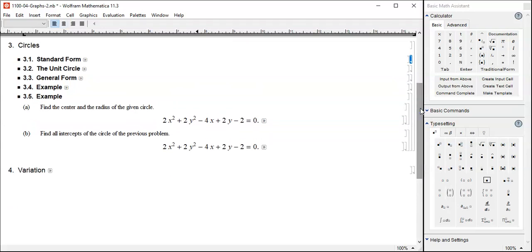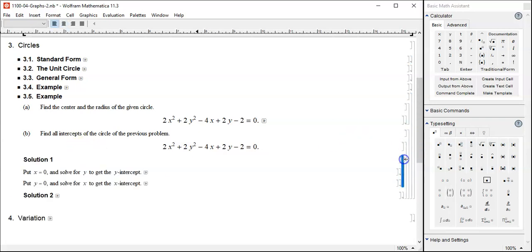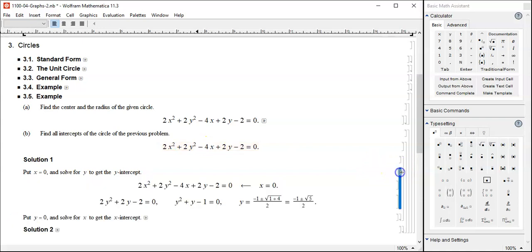Now, do we have enough time for intercepts of this problem? Well, I don't know if I can complete the problem, but let's attempt. Put x equal to 0 and solve for y in this equation. So this one drops out, and that 2 drops out, and you're going to get an equation of y alone.